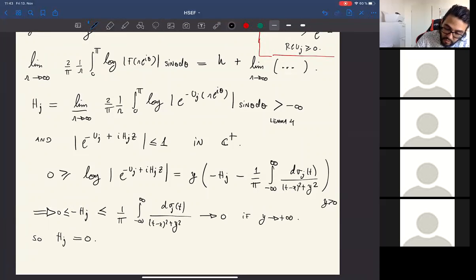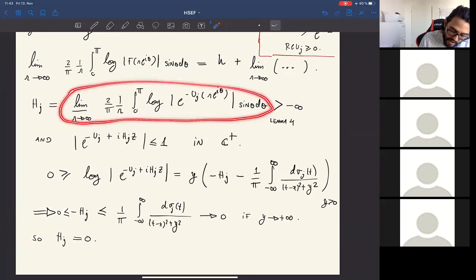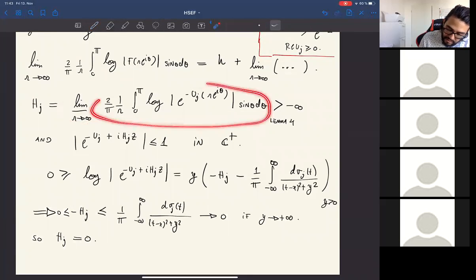We showed that h_j is 0, but h_j was a lim inf of something which was always less or equal than 0. Therefore the limit exists, it's not only the lim inf, and the limit is 0.